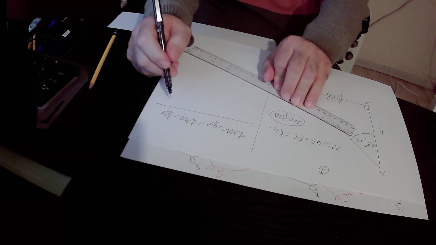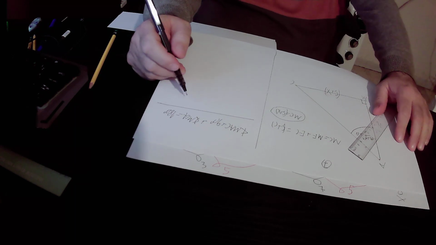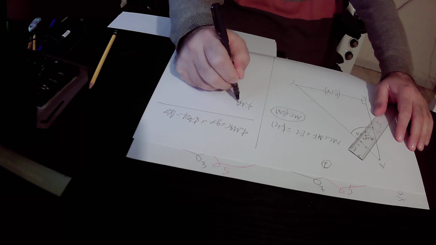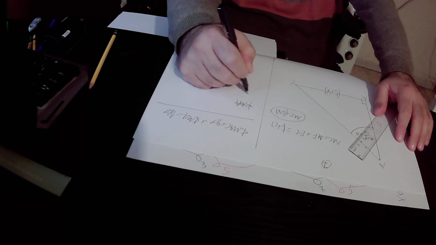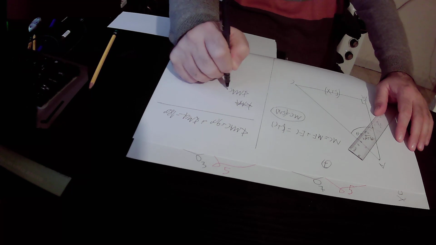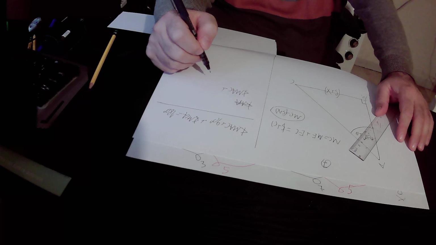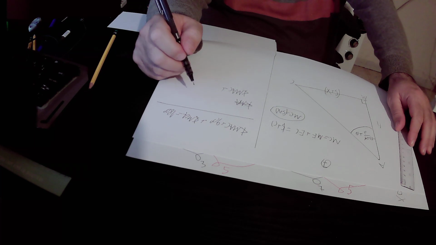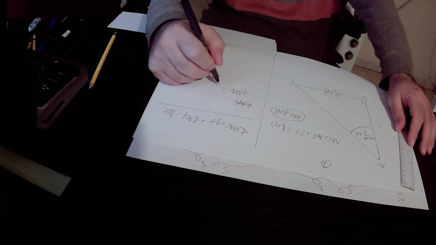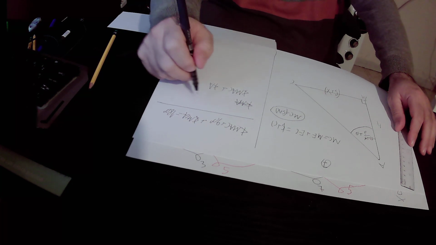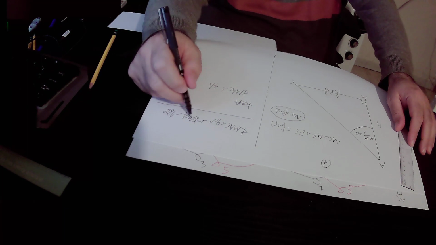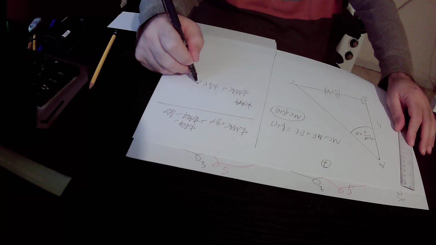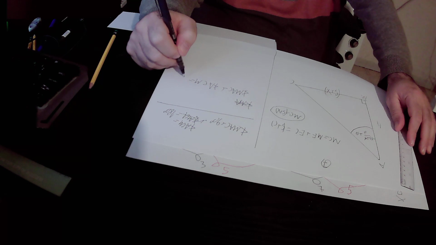Here we'll subtract 90 degrees from this equation, and we'll get that angle MAC plus angle ACM will be equal to 180 degrees minus 90 degrees, which is 90 degrees.